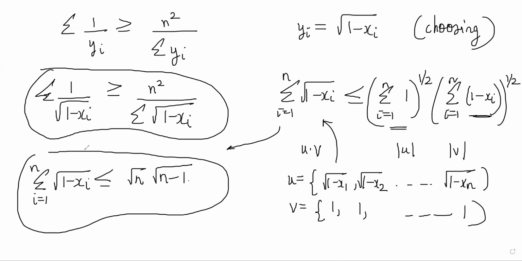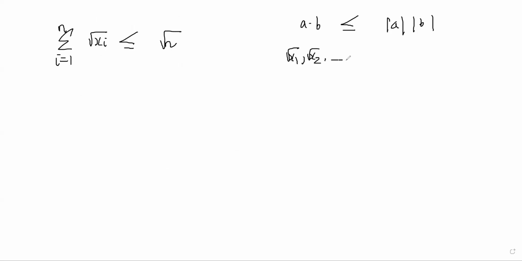The third result that we can establish is this result. Summation of i goes from 1 to n root xi is less than or equal to root n. How? We'll do again a dot b is less than or equal to mod a mod b. Here a vector will again be root x1, root x2 and so on till root xn, while b vector will be 1, 1 and so on.